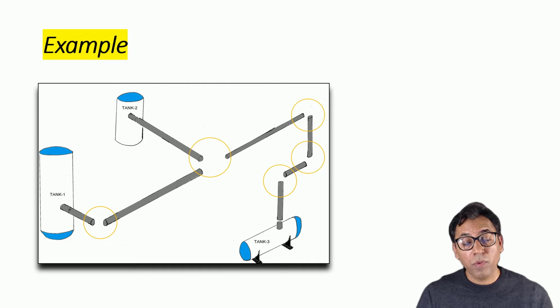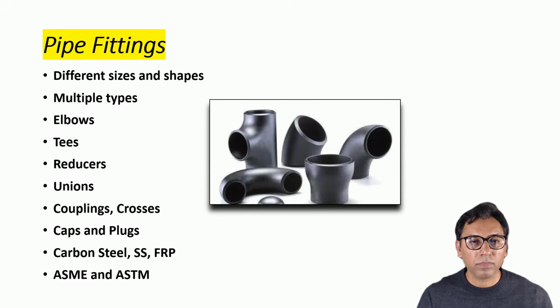Alright, before going further, let's talk briefly about pipe fittings. Fittings are used in piping systems to connect straight sections of pipe or tube. They have different sizes and shapes.